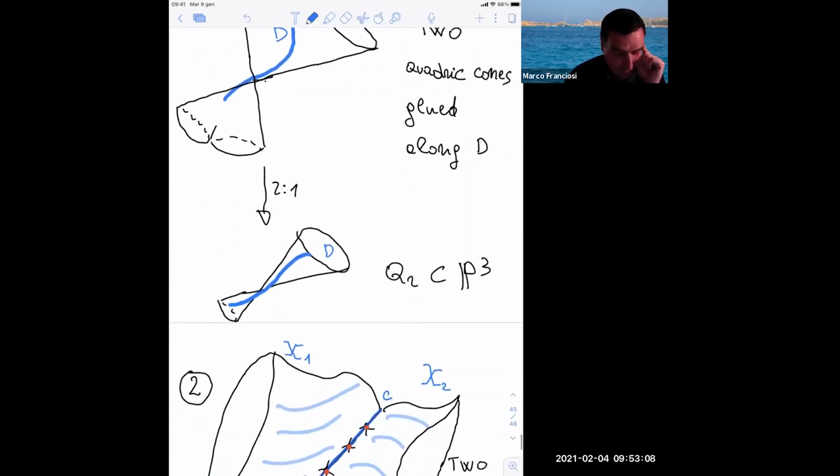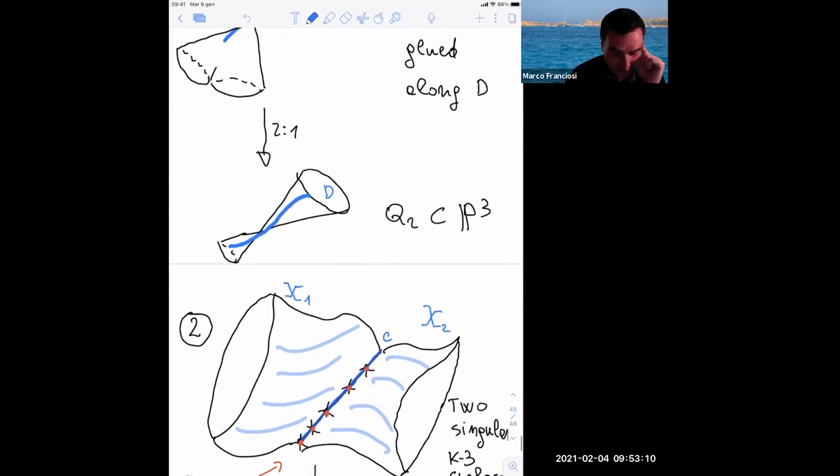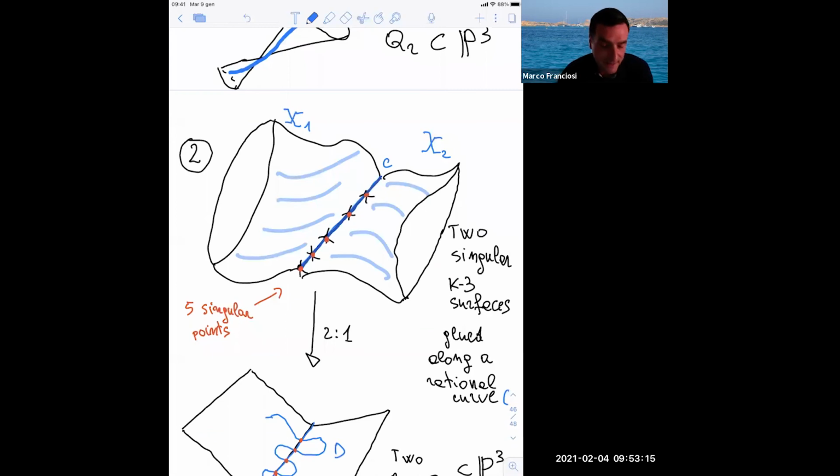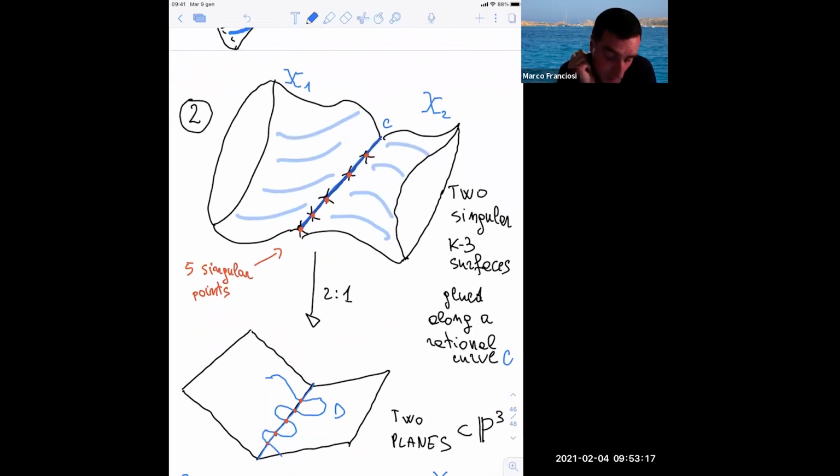The second, maybe more interesting example, is given by two singular K3 surfaces glued along a rational curve C. And we have a map 2 to 1 onto two planes, which may be seen as a degeneration of the quadric cone.